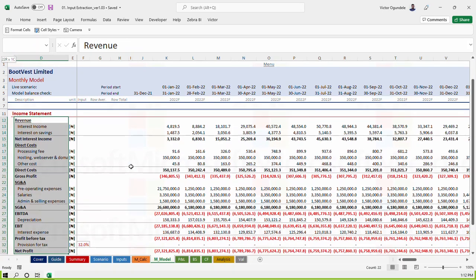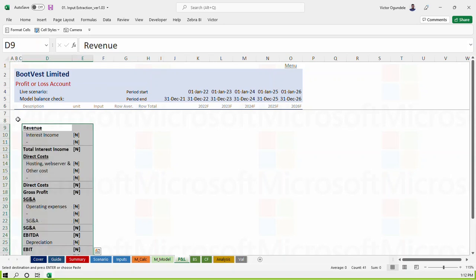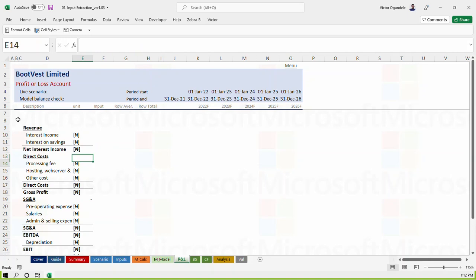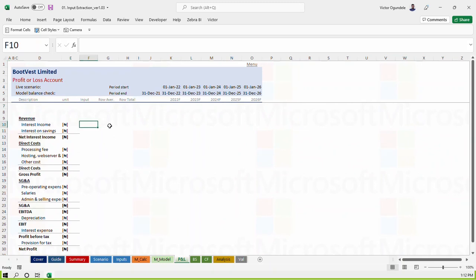So I'm going to just copy this and let me put it here. Let me paste it as a link. So that's one that I don't need. Okay, so we have this, and let me show you how we are going to consolidate this.